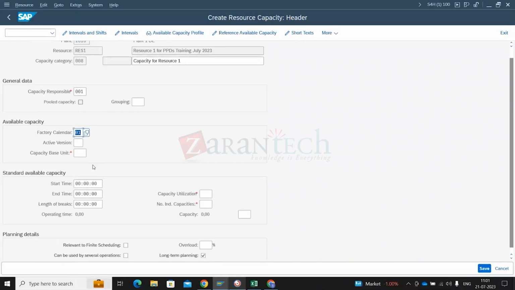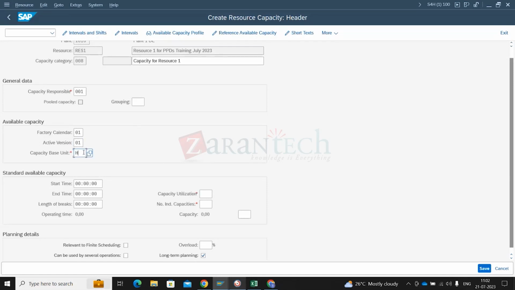I don't know many details here. Active version is 01 always. Normal available. See, you can have multiple versions of capacity within PPDS. Okay. And you might want to use one version or another. So for simulation sort of thing, you can keep maintaining multiple capacities. So the default capacity that goes in the active one is 01, right? We'll see that while we are in PPDS.